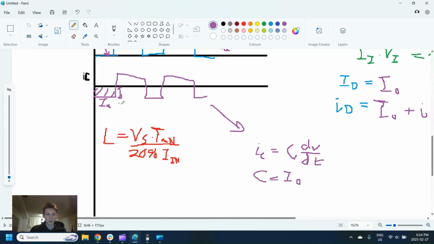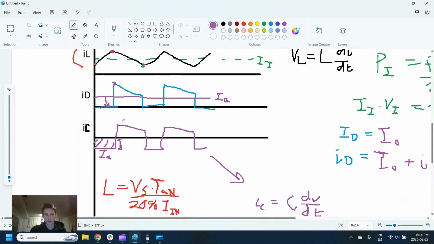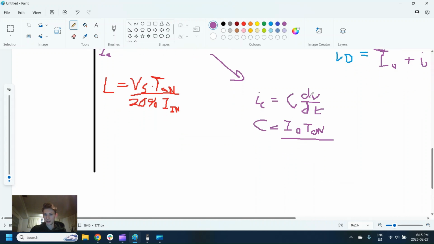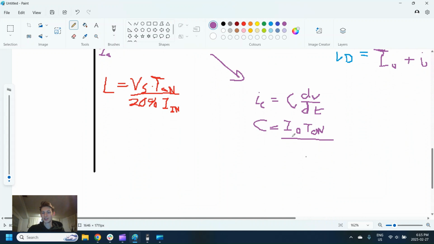Now we need the change in time, which again, like I've said, is the time on. We're choosing this section to look at the deltas. So T on. And we're going to divide by our change in voltage. And you can see we haven't even drawn out the voltage waveform, but we know what the change in voltage is. It's the same sort of trick we did here. It's going to be 2% of the average output voltage.